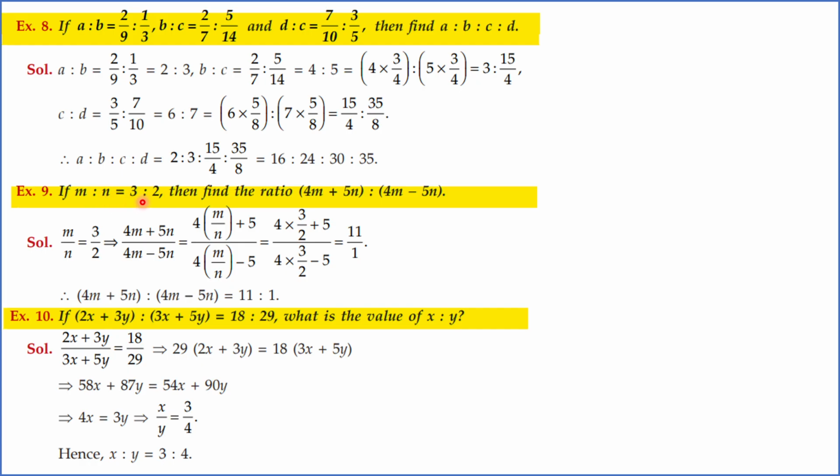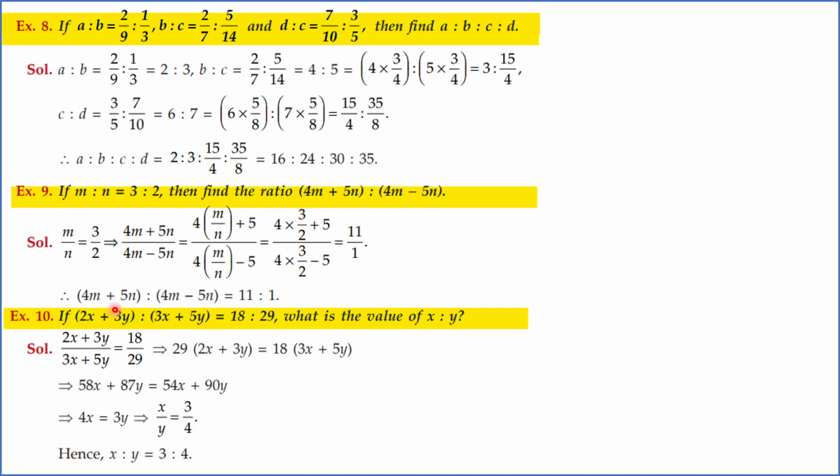If m is to n equal to 3 is to 2, then find the ratio 4m plus 5n is to 4m minus 5n. m/n equals 3/2, that implies (4m plus 5n)/(4m minus 5n) equals (4 into m/n plus 5)/(4 into m/n minus 5), that equals (4 into 3/2 plus 5)/(4 into 3/2 minus 5), that equals 11/1.